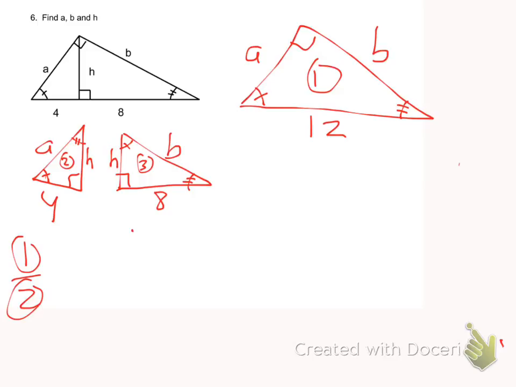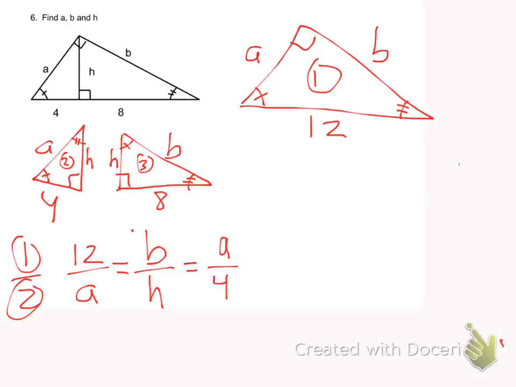So, easiest one, maybe across from the 90s. 12 is across from the 90. Going to triangle 2, what's across from the 90? A? Okay. Then we'll try B. B is across from the single tick marked line, and that is H. And that would equal A, which is across from the double, which is across from 4.